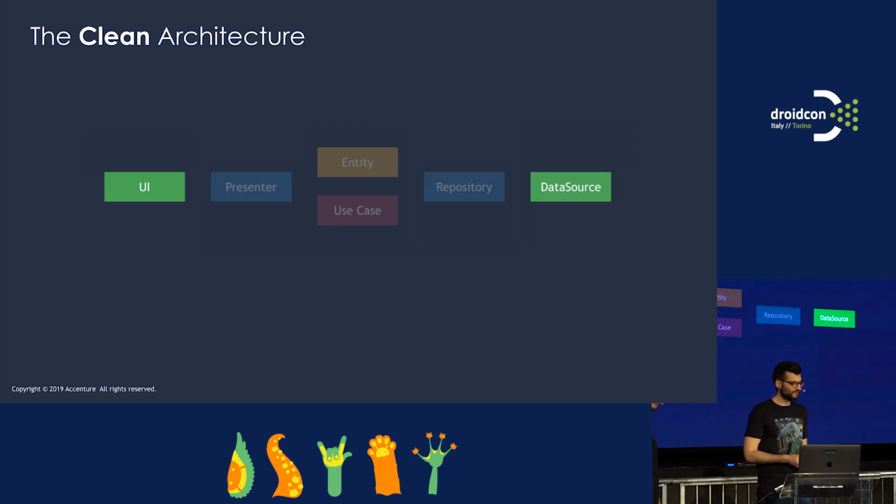In the last layer, where there are the UI and data sources, which is just a name for APIs and databases, we have implementation details, all of those details that you should be able to easily swap without impacting other things.